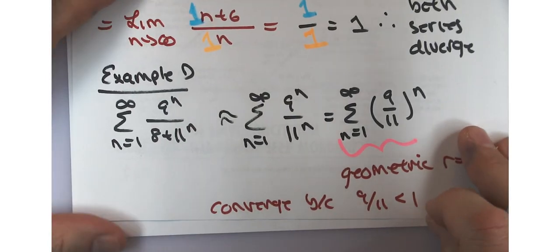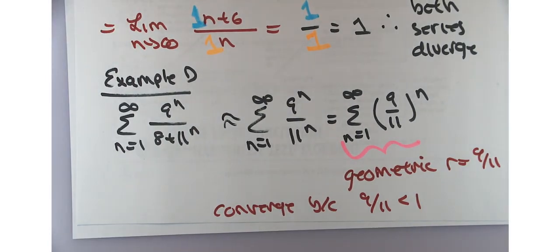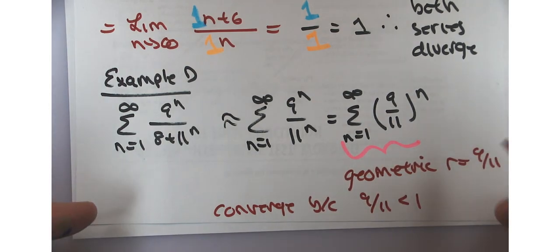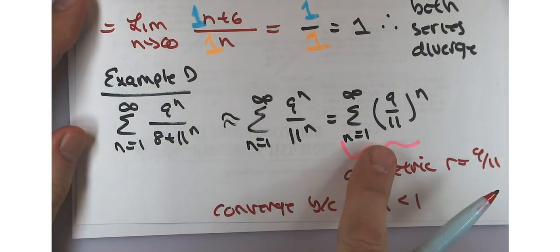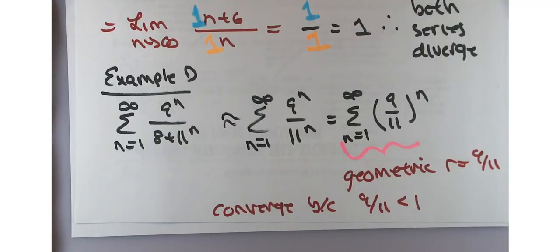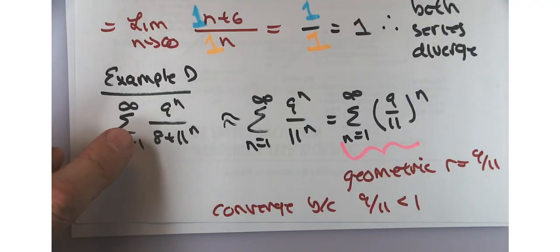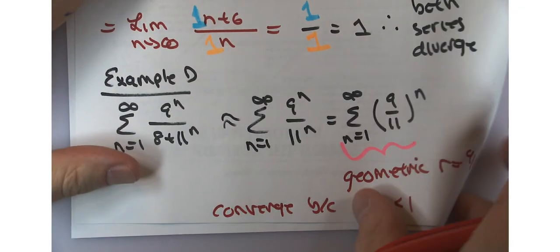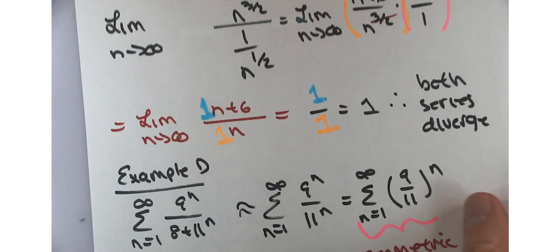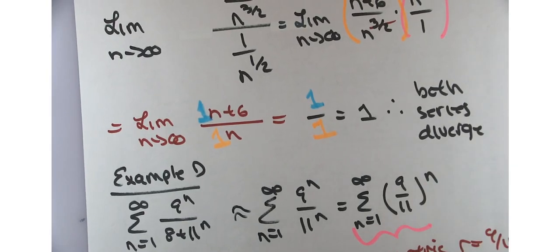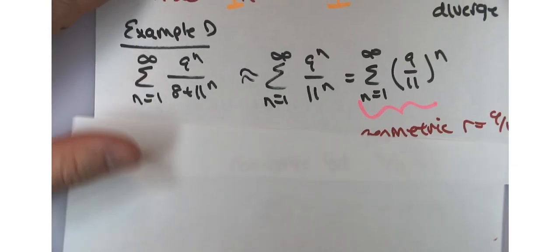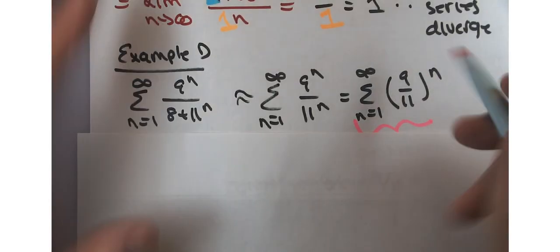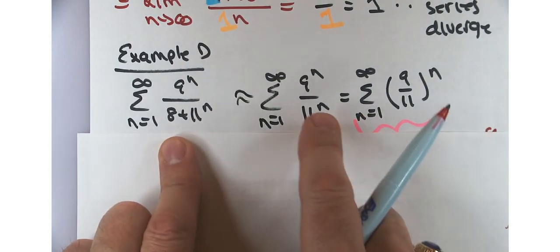Now, trying to think which one I want to use. You could use a direct comparison test in this case, or you could use the limit comparison test. I'm wondering if the limit comparison test would be kind of a mess because we don't have polynomial terms, we have these exponential terms. So let's use the direct comparison test. How is this term going to compare to this term?